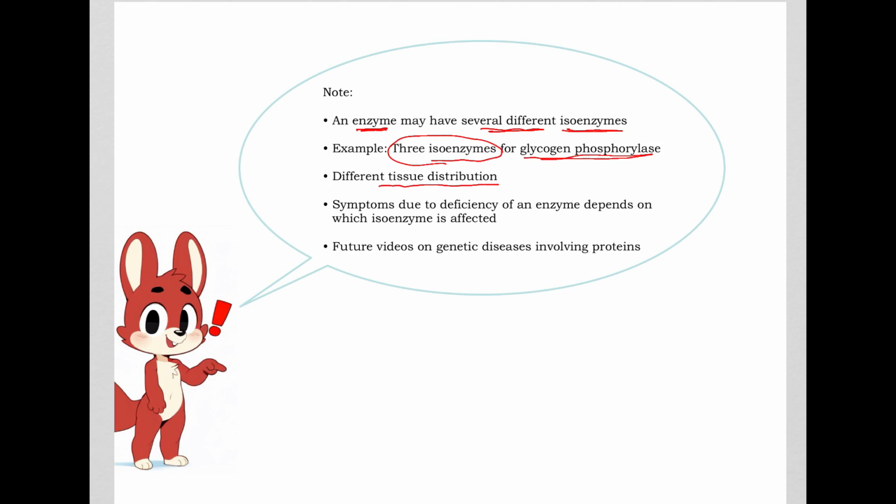So the symptoms related to a deficiency of an enzyme really depend on which isoenzyme is affected. We'll talk about genetic diseases involving proteins, including enzymes, in future videos. So we won't talk about it now, we'll leave this for future videos.